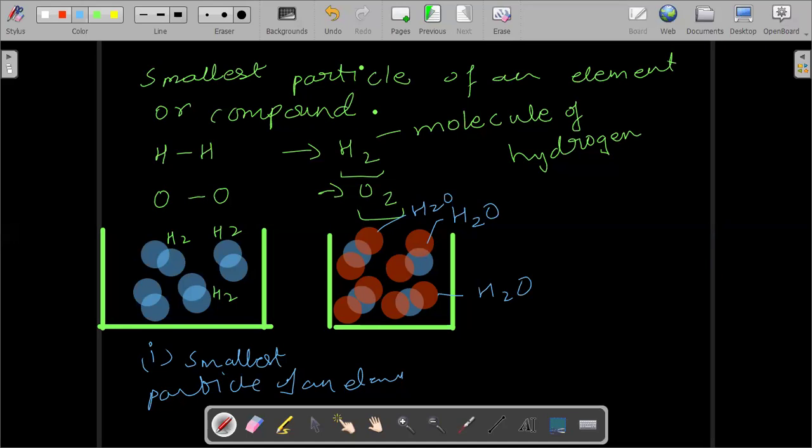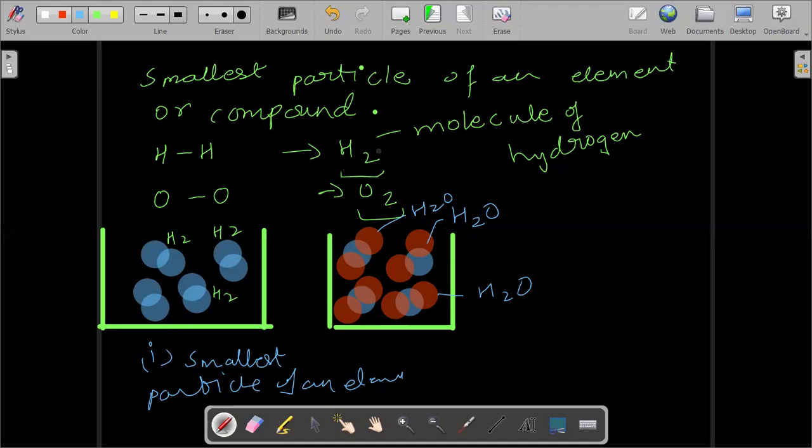So basically, a molecule is the smallest particle of an element or a compound. Every particle of this water, H2O, is a molecule.